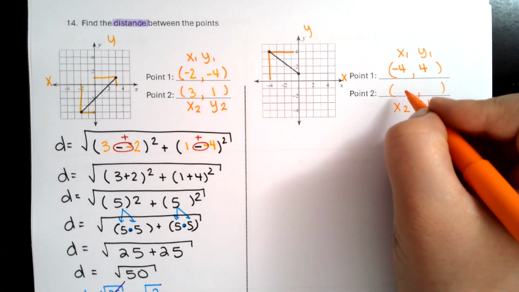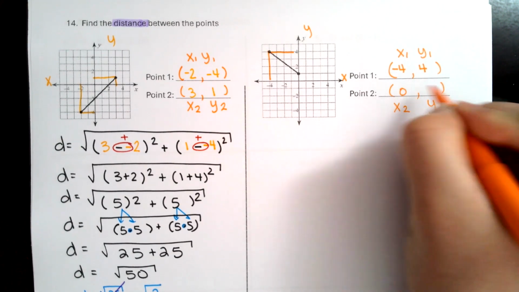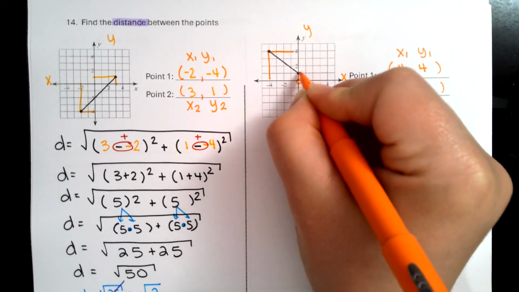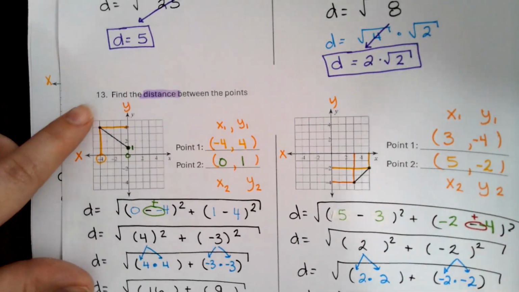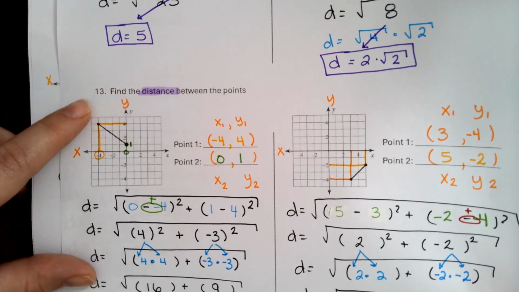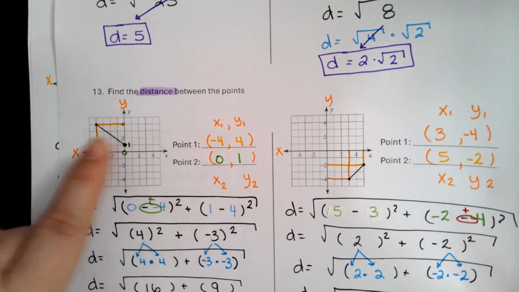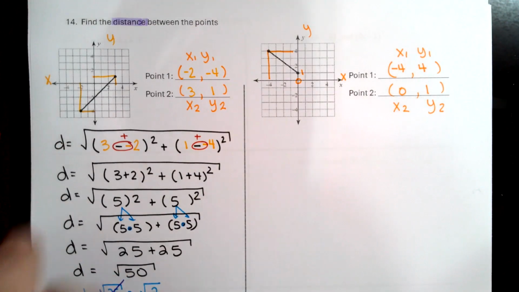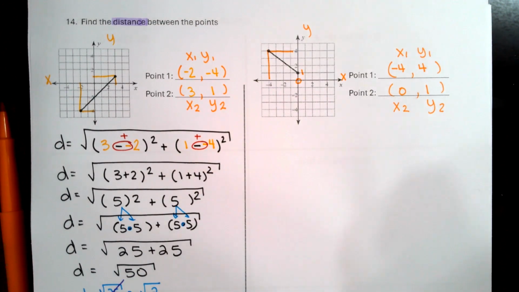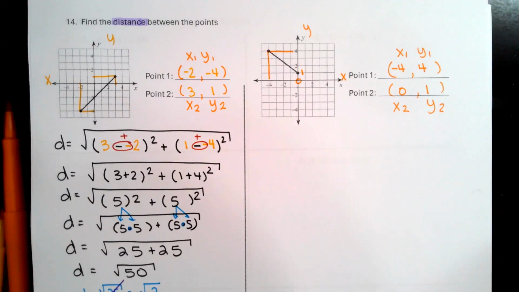So we might actually skip this one. 0 and 1 on the Y. We actually did that one, so if we go back here on 13, we have the exact same picture, exact same points. So I'm going to skip a little bit and write out the answer. I do want you to do this one. Let's do it together. Why not?